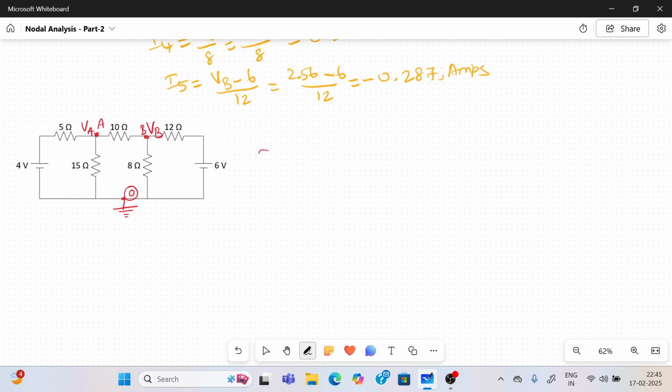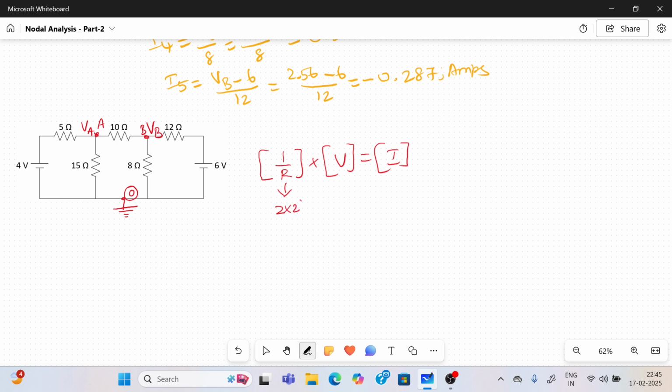Then what is the structure of your matrix? 1 by R matrix into voltage matrix is equal to current matrix. I is equal to V by R. Okay, the KCL only, right? So the 1 by R matrix should be a square matrix. It depends upon the number of nodes or number of unknowns. There are two unknowns, two nodes.